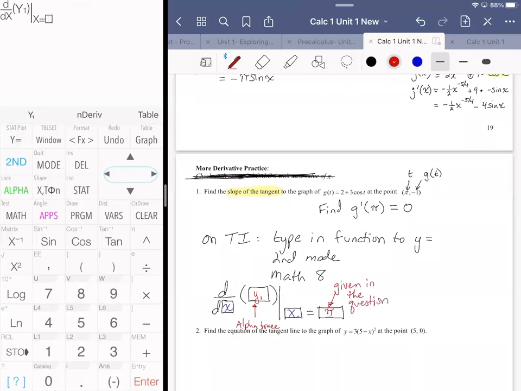So here I'll just type in a pi, and it'll evaluate my derivative at that location. Okay, so that's pretty nice. Not as nice as Desmos though, but if you're given a function that's really difficult to find the derivative of, and we haven't really gotten to the crazy elaborate ones yet, you'll find the technology to be pretty useful in that regard.